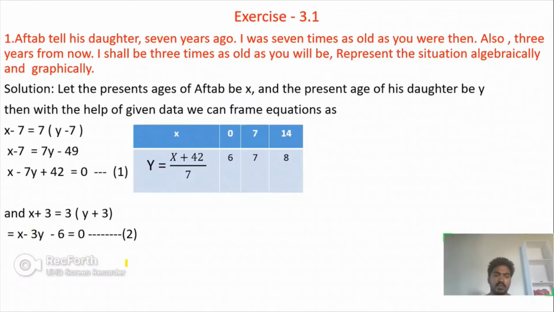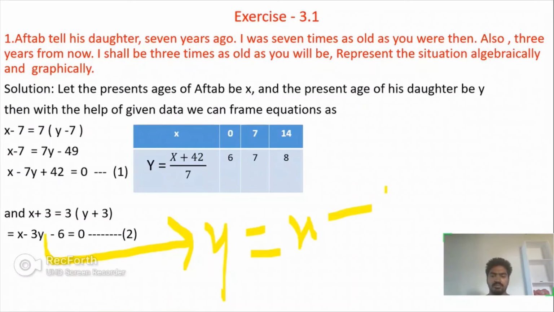Now, for plotting the second equation, I again want to find the coordinates of x and y. So from this equation, I want to convert to the value of y. We clearly have x minus 3y minus 6 is equal to 0. This implies x minus 6 is equal to 3y, and y is equal to x minus 6 by 3.